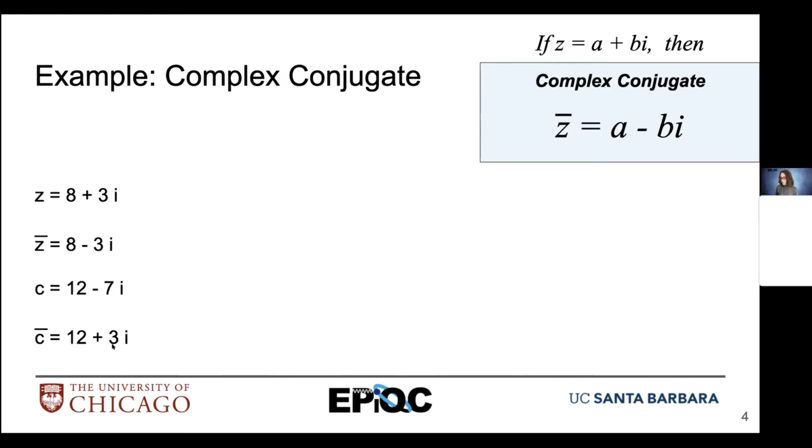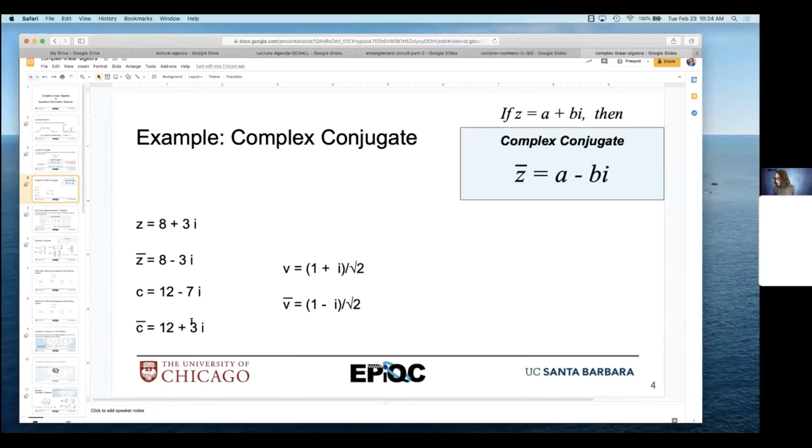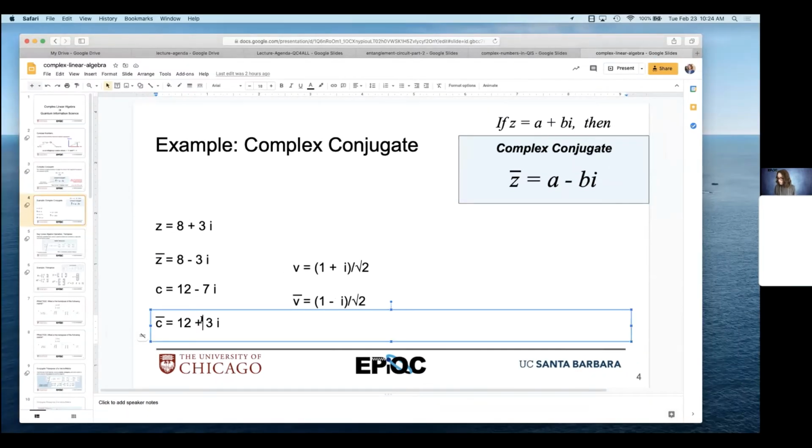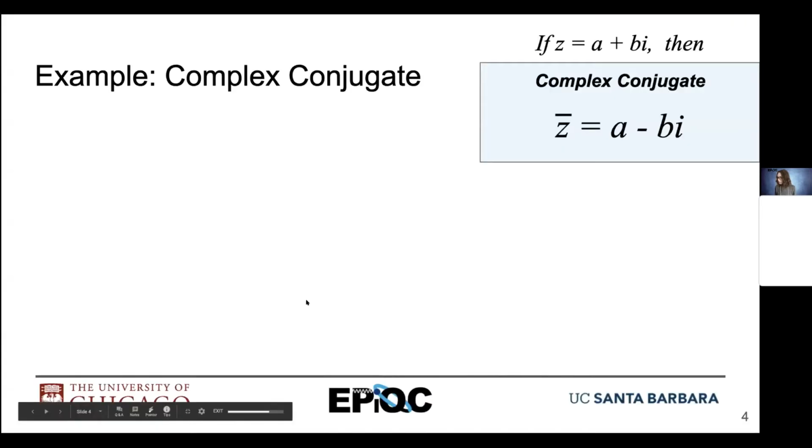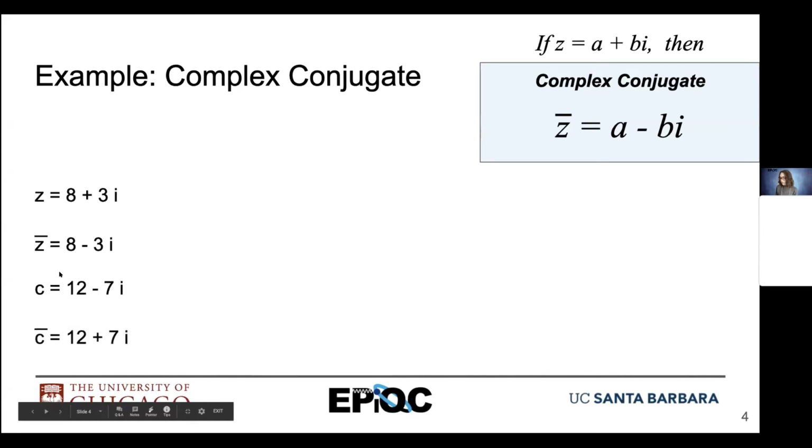So it looks like we have a mistake here. So this is actually supposed to be plus 7i. All right, so we have a negative 7i, and the complex conjugate here would be a plus 7i.